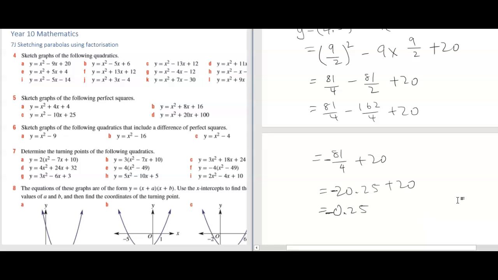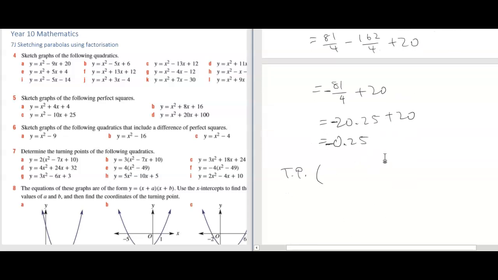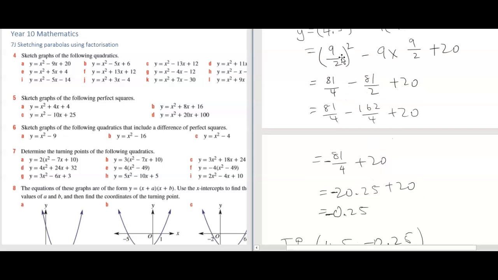So your turning point, your x-coordinate, what was it? Oh gosh, I can't even remember. 4.5. Negative 0.25.